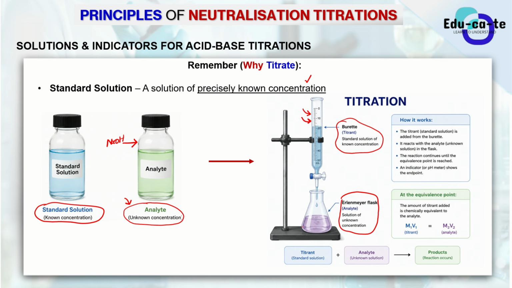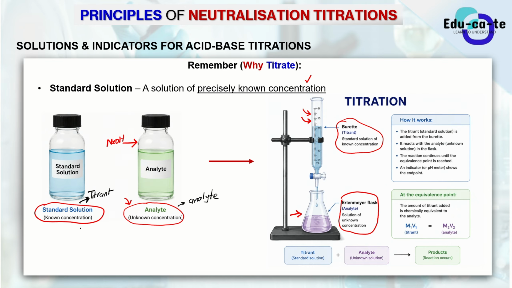That's why we put the analyte inside an Erlenmeyer flask, and then we titrate it by using a known volume of a titrant. The standard solution you can also call the titrant. Whenever you are carrying out a titration, the standard solution is the titrant. And the analyte is the solution of unknown concentration. So we've got an analyte and a titrant, those two.